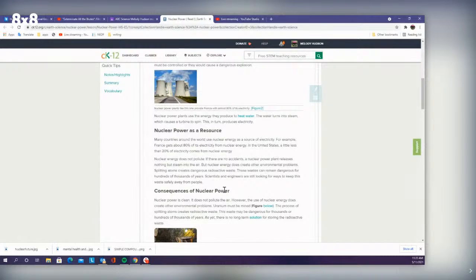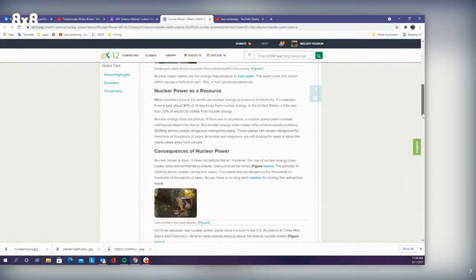But nuclear energy does create other environmental problems. Splitting atoms creates dangerous radioactive waste, and these wastes can remain dangerous for hundreds of thousands of years. Scientists and engineers are still looking for ways to keep this waste away from people.